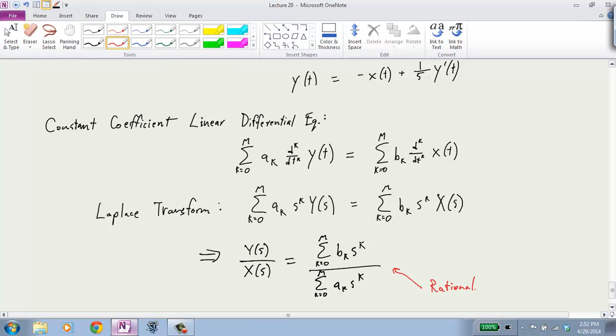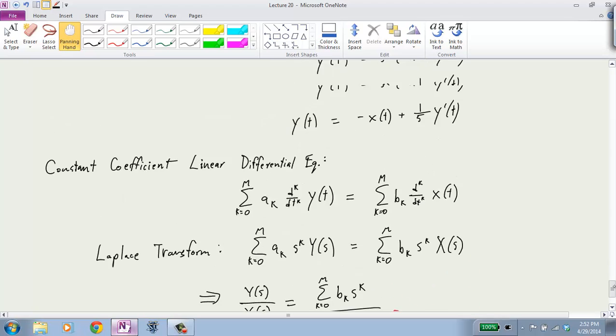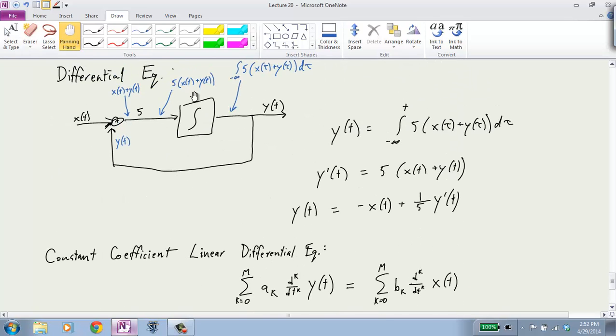So immediately, with no difficulty at all, we can take a differential equation of this form and figure out its Laplace transform. And if we factor the numerator and denominator to get poles and zeros, we actually know a ton about this. We know if it's stable. We have to know something about causality, but when I draw a block diagram, I'm implying causality.